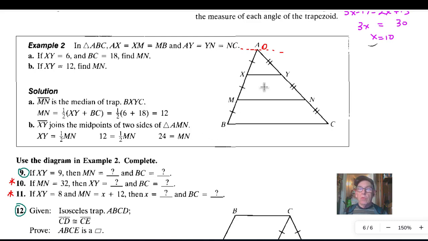If XY is equal to 9, and then MN is equal to, we don't know, and BC is equal to, we also don't know. So let's see what we got here. Using this MAN triangle, with what I said before, 0 plus question mark equals twice 9.